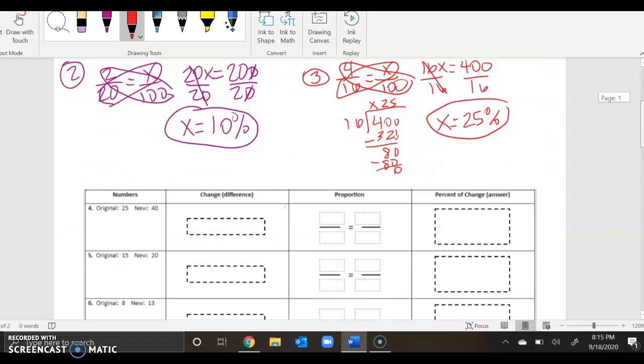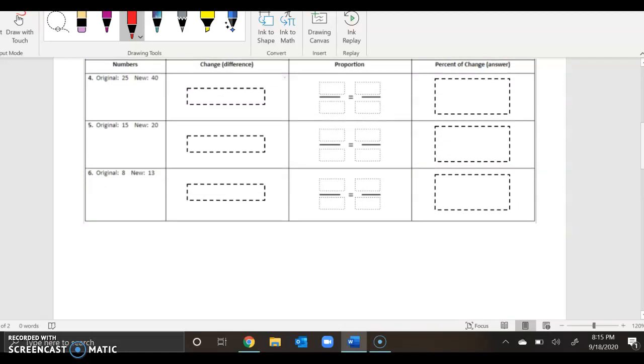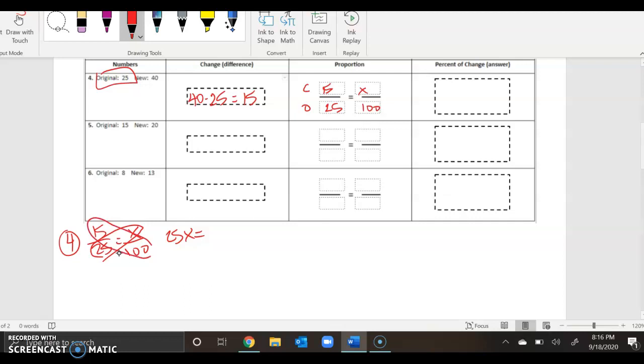Okay, we keep going here. Okay, number 4, our original is 20, new is 40. So the difference is 15. So that is our change. 25, x over 100. Cross multiply 25 times x, 15 times 100.